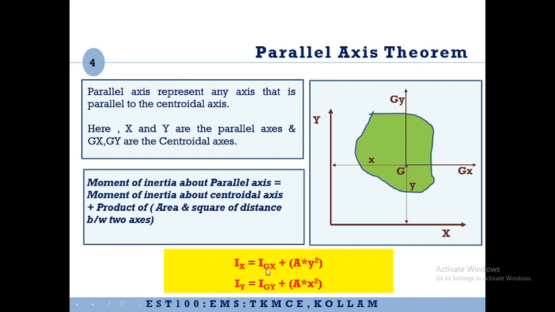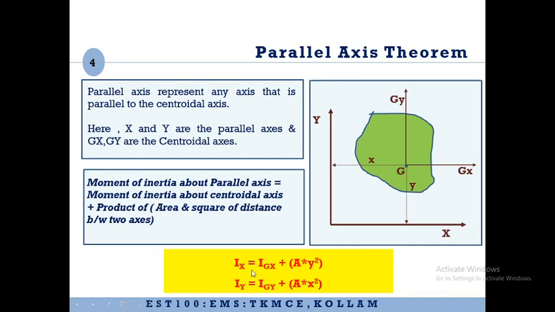Here again you have to note that if the two moment of inertia terms are having x in the equation, then the area has to be multiplied by the y term. So that is a way in which you can remember the formula. Similarly, here if you look into the formula, the two moment of inertia terms are having y terms, and therefore in the area you have to multiply by the x term.